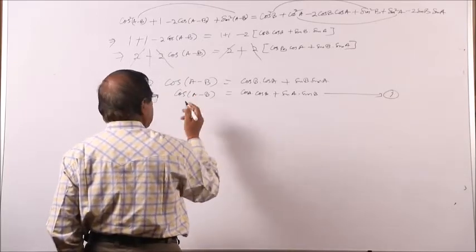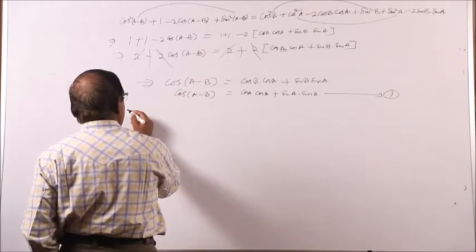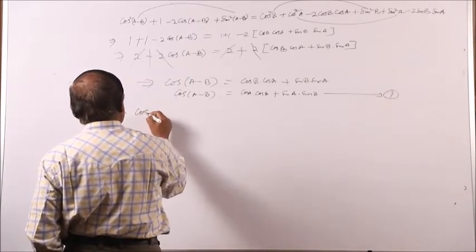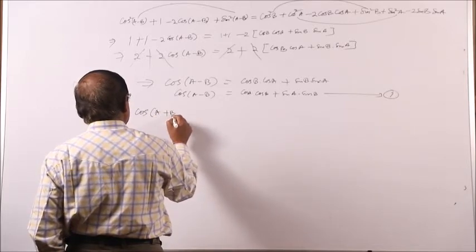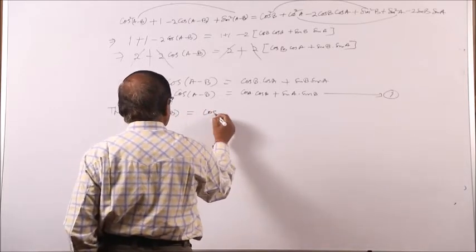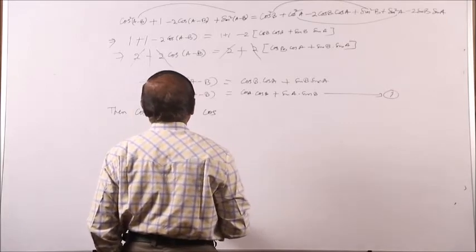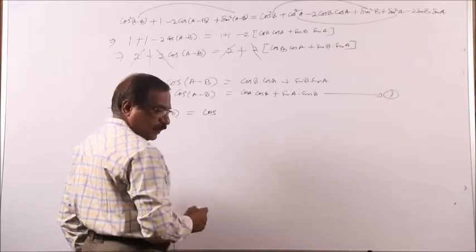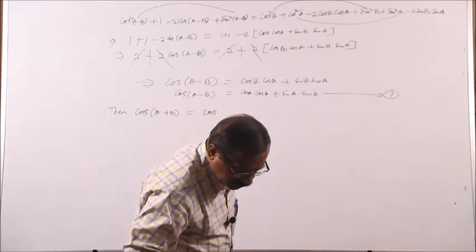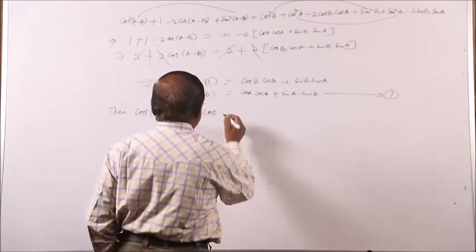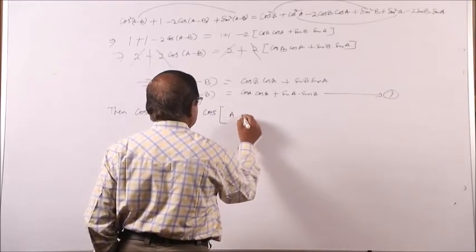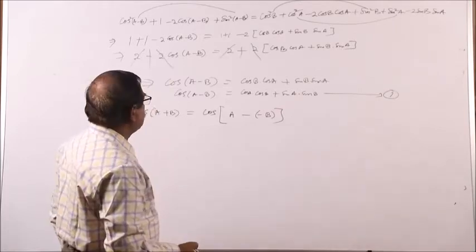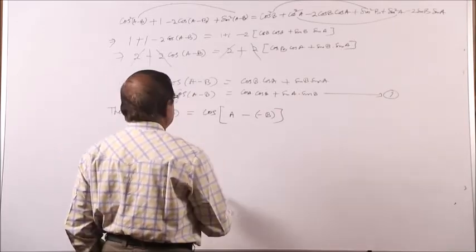Now, for deriving cos (A plus B), you can write cos (A plus B) as cos (A minus (minus B)).